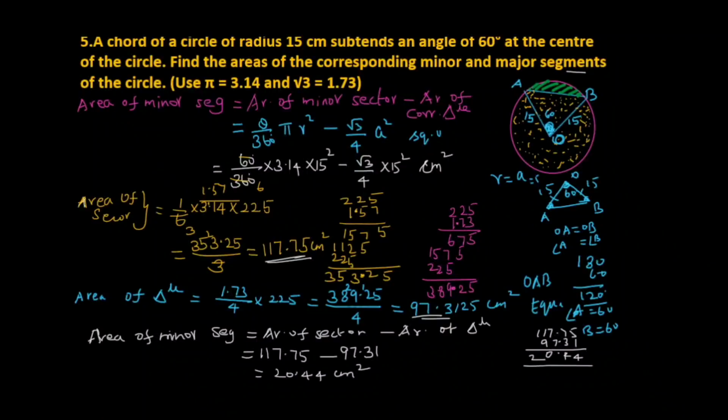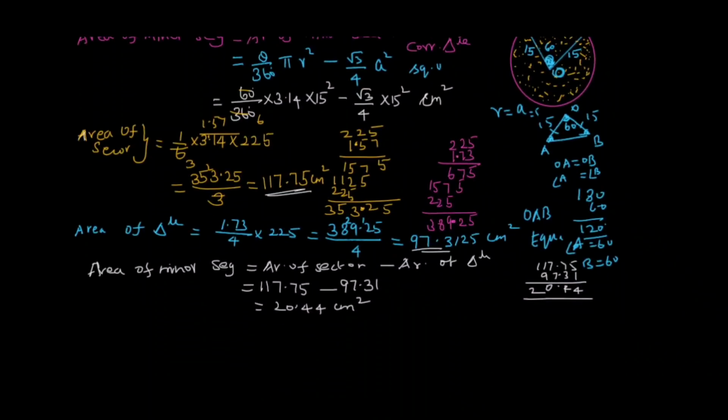Next we need to find area of major segment. So except the minor segment, the remaining portion is the major segment. So we can subtract that from area of the circle.